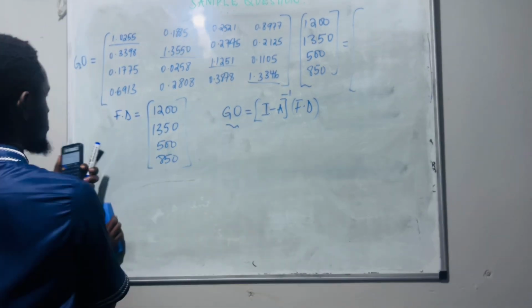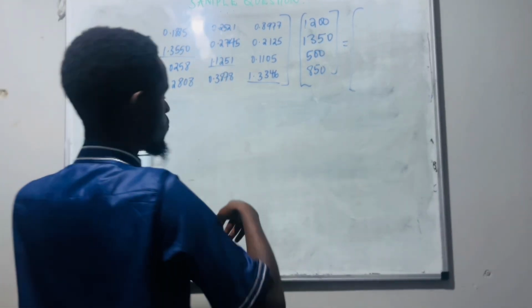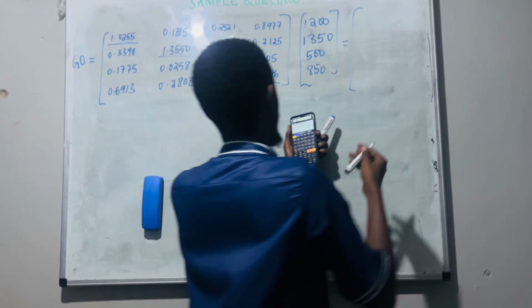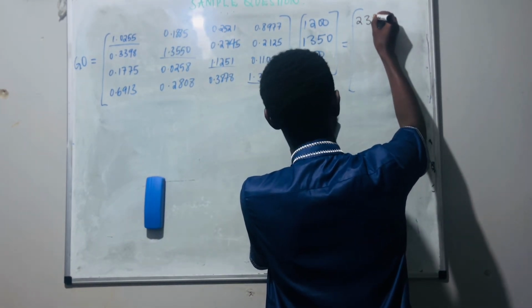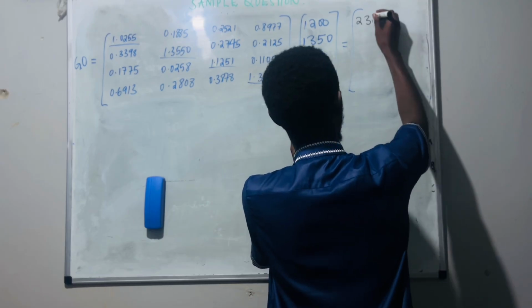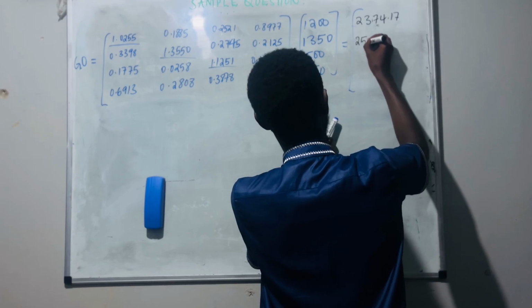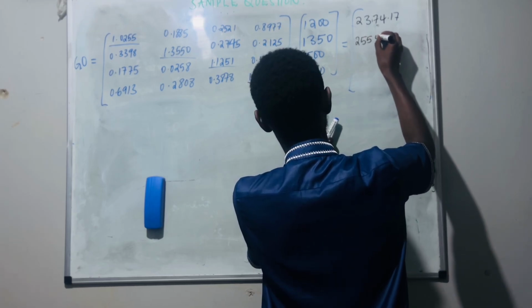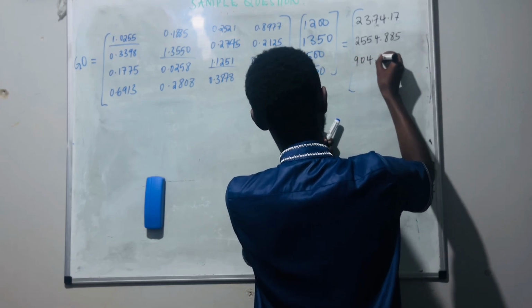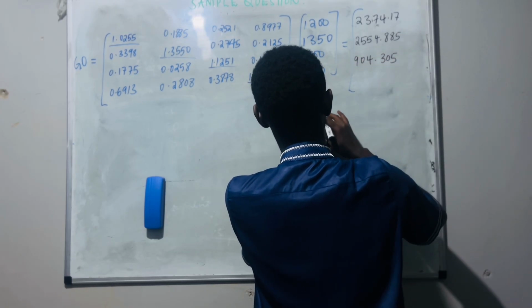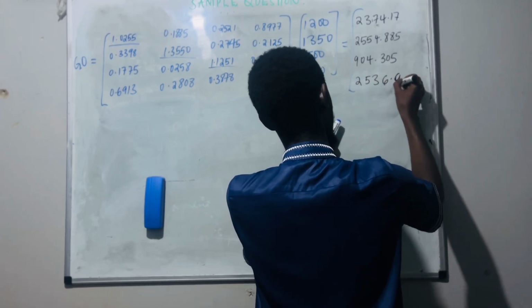Now I multiply row by column, and I have my answer as 2,374.17, then 2,554.885, then 904.305, and lastly 2,536.95.